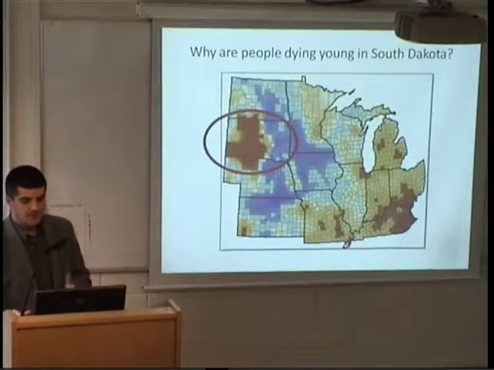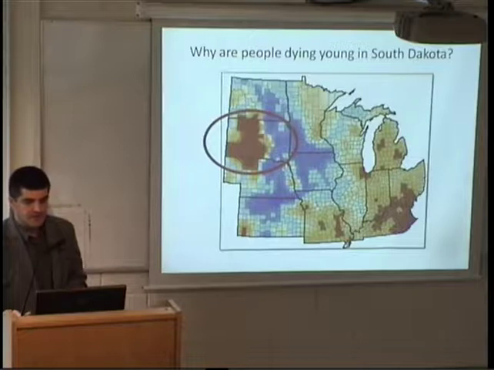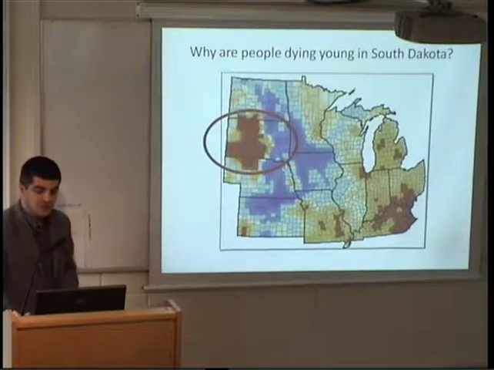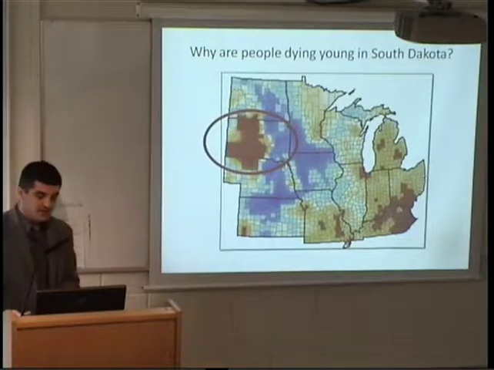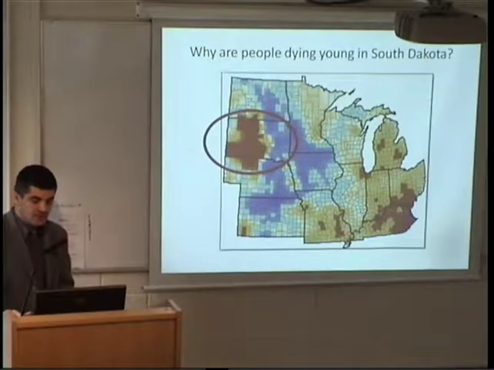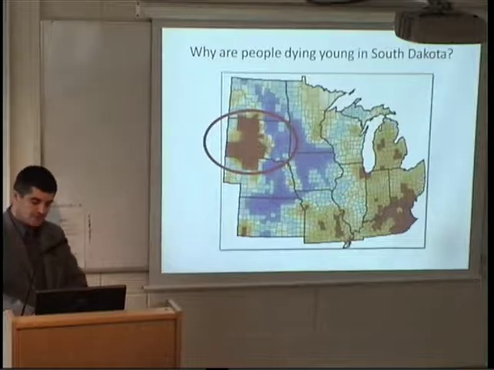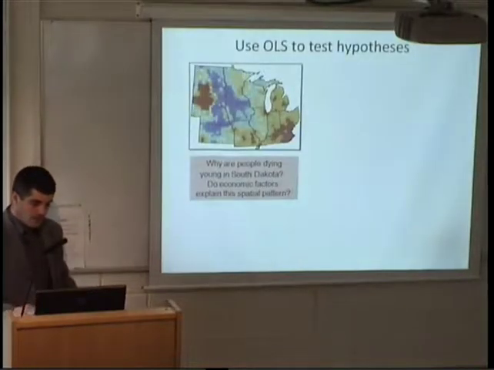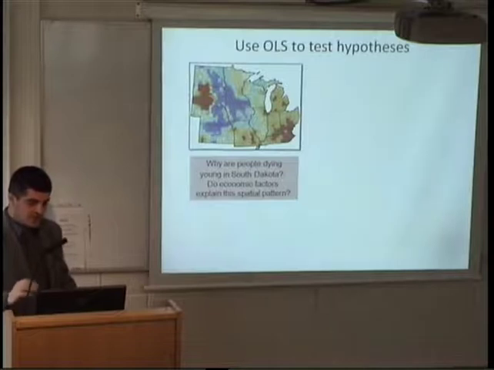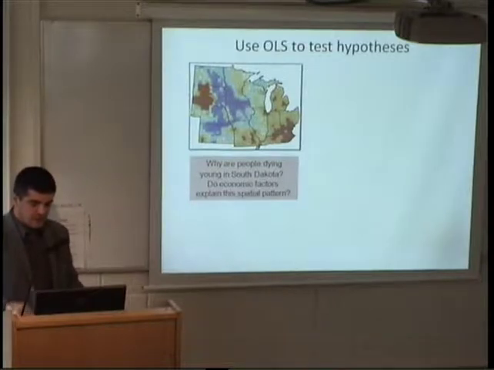So let's study an example where we have people dying young in some region in the United States. You can see the circle, which is South Dakota. So the question is, why are people dying young in this region? For the first hypothesis, we will run our general regression model, and we will try to use only poverty as an explanatory variable to see if poverty is the reason for dying young.